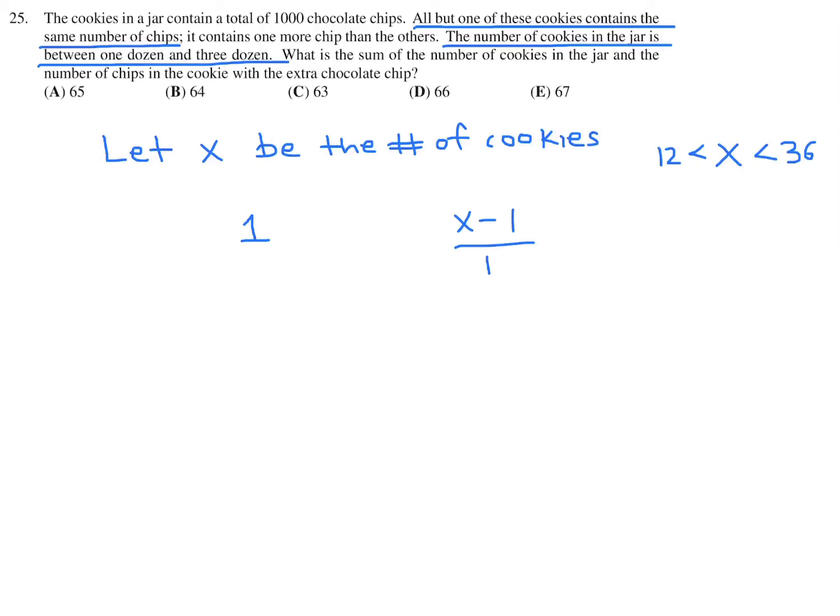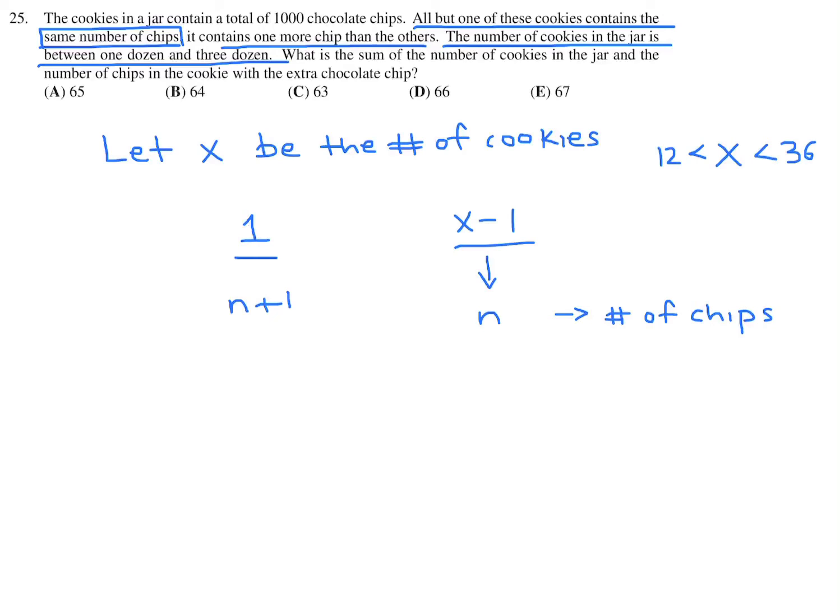Now, all of these cookies, the x minus 1, have the same number of chips. So I'll call the number of chips n. But they've told you that this one lone cookie is special because it contains one more chip than the others. So it has n plus 1 chips.